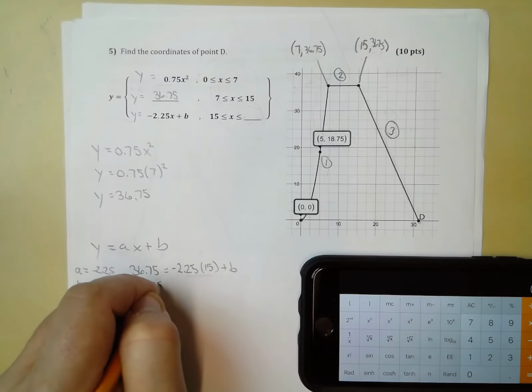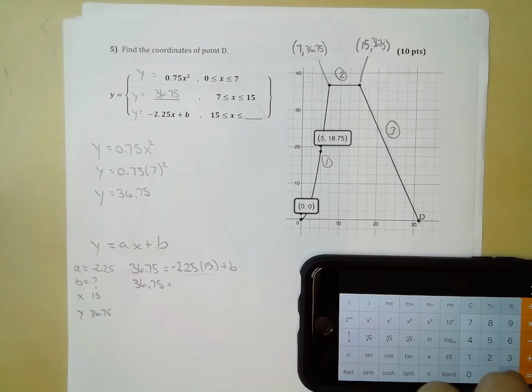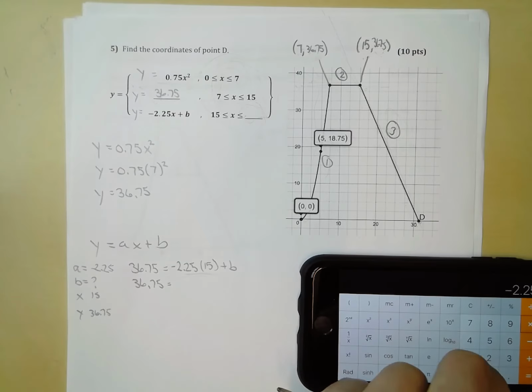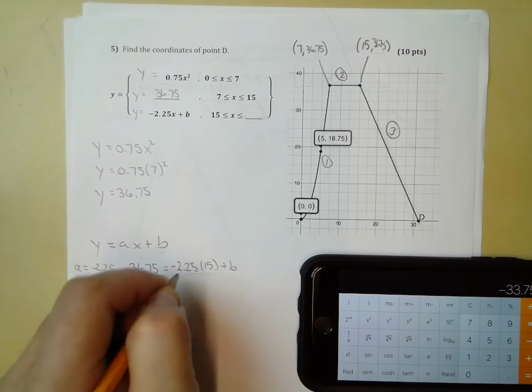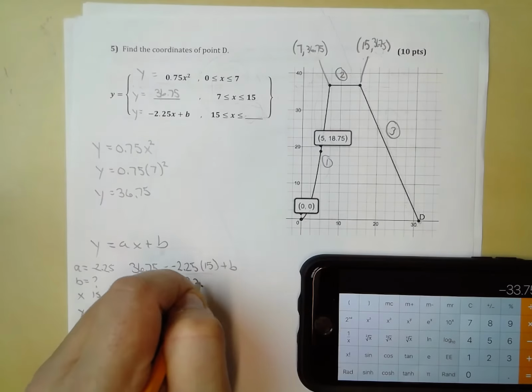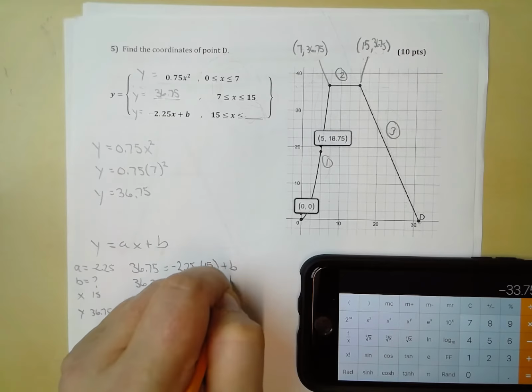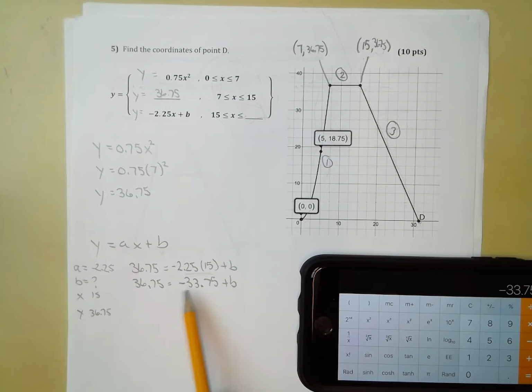36.75 will equal negative 2.25 times 15, which is negative 33.75, plus b. Now I want the b all alone. I got this addition here of negative 33.75. I'm going to have to add, sorry, I'm going to have to add 33.75 to both sides of that equation.